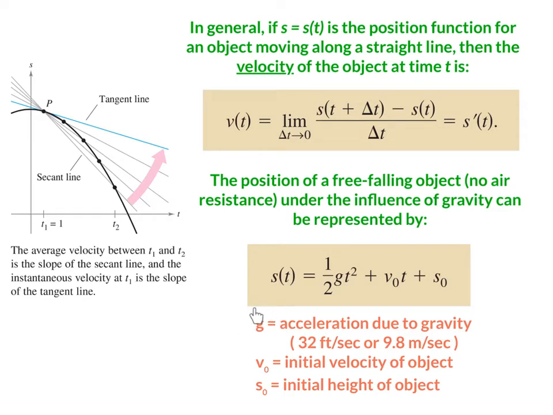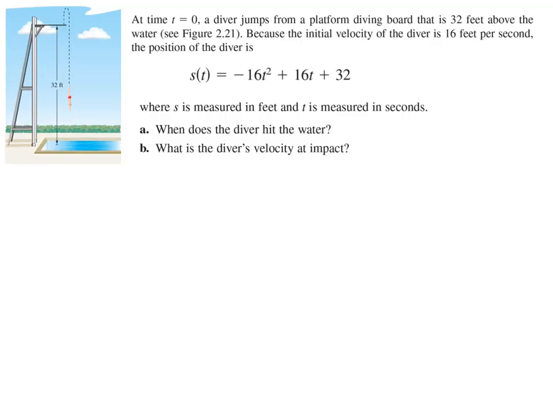First being g, which represents acceleration due to gravity. If you're working in feet, you're going to plug in 32, and if you're working in meters, you're going to plug in 9.8. You have this v naught here, which is the initial velocity, and then you have this s naught, which is the initial height of the object.